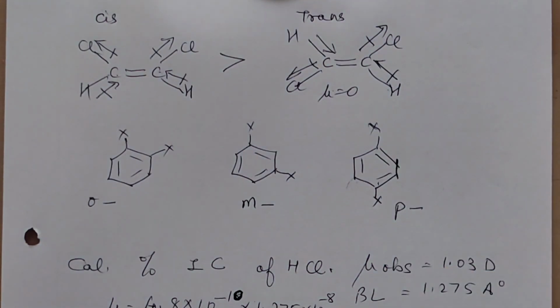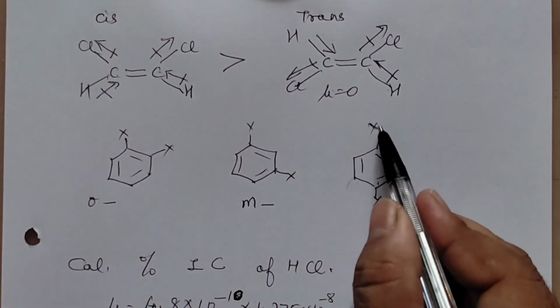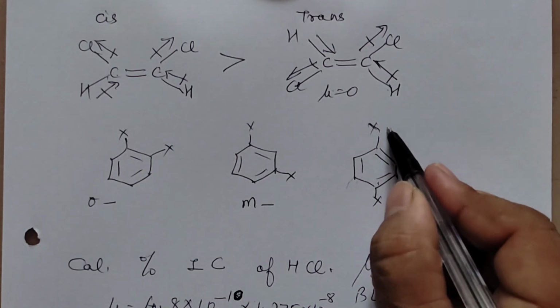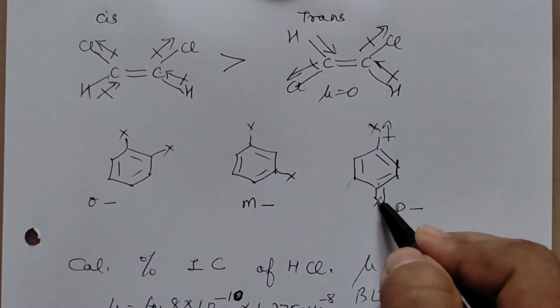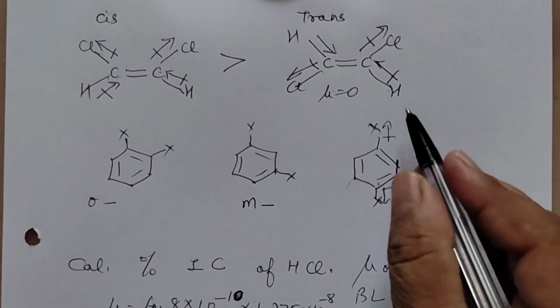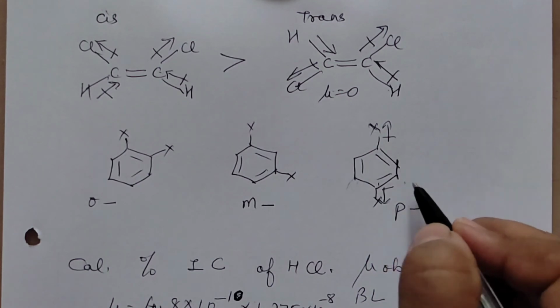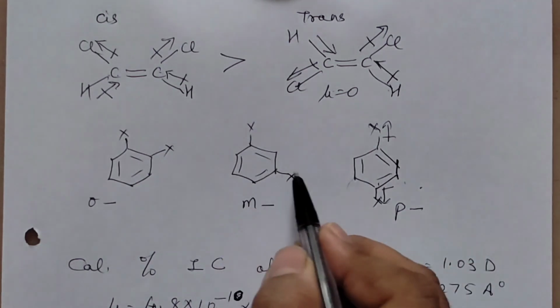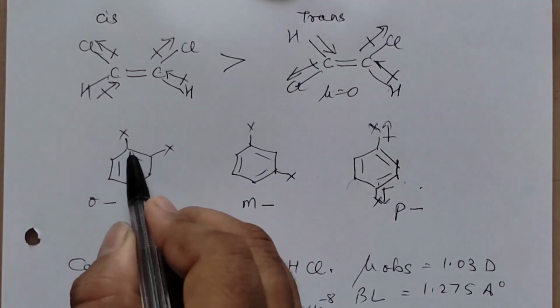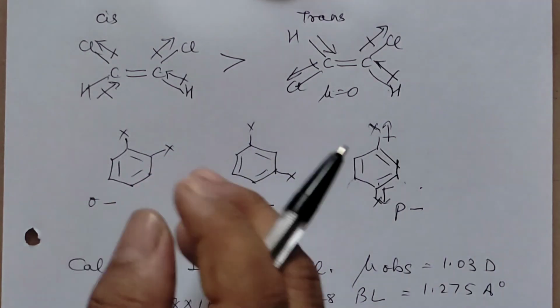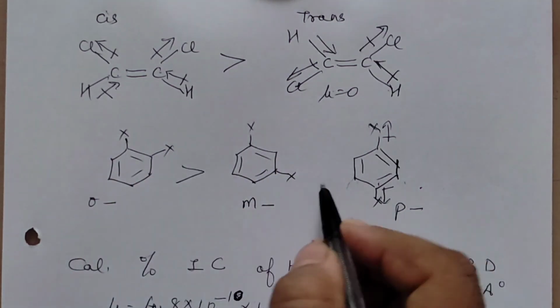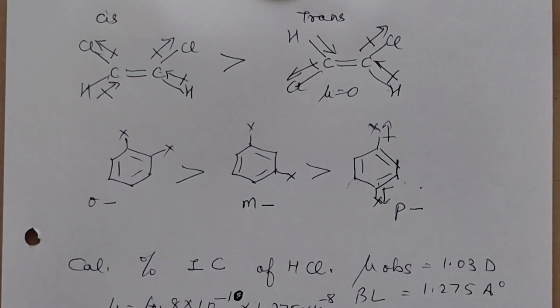Now if we are asked to compare the dipole moments of ortho, meta and para, you will say that in para the groups are opposite, which means the dipole moments get cancelled, so this will be least. Then the others are at an angle. The lesser the angle, the more the dipole moment. So ortho will be maximum, then meta, and para will be least.